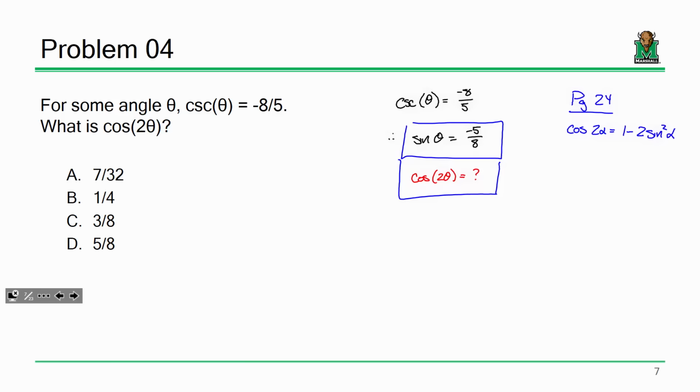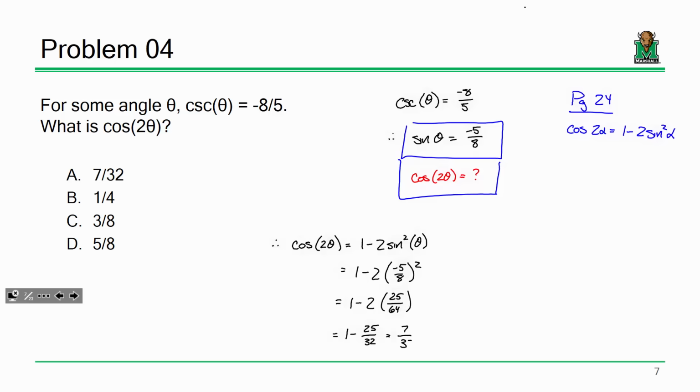So I propose that the cosine of 2 theta is 1 minus 2 times the sine squared of theta, which is 1 minus 2 times negative 5/8 squared, which is 1 minus 2 times 25 over 64, which is 1 minus 25 over 32, which is 7/32. What do you think?